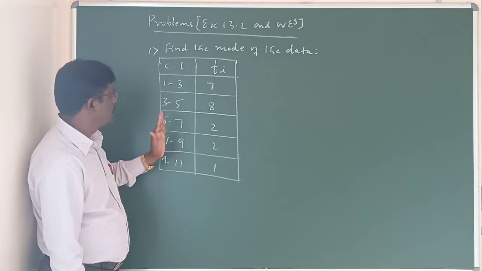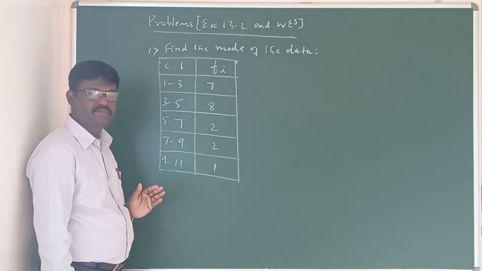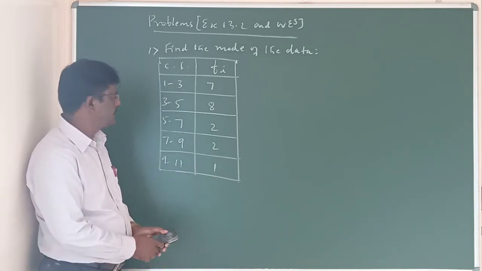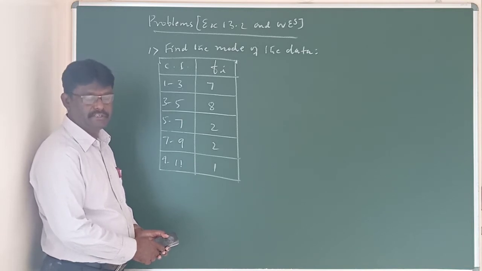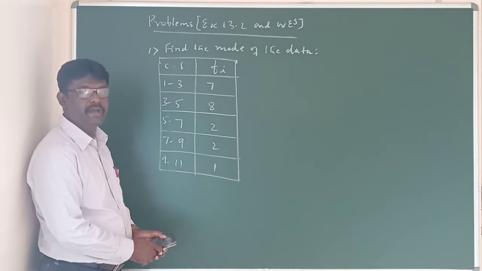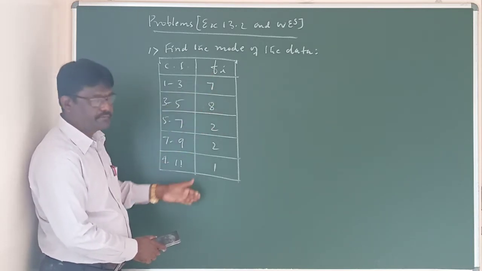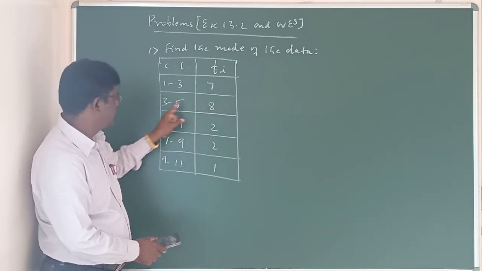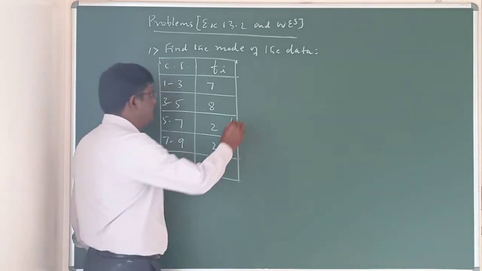In finding mode, first we have to get the modal class. According to the definition, the modal class is the one having the maximum frequency among the given. Here the highest frequency is 8. Hence, the modal class is 3 to 5.